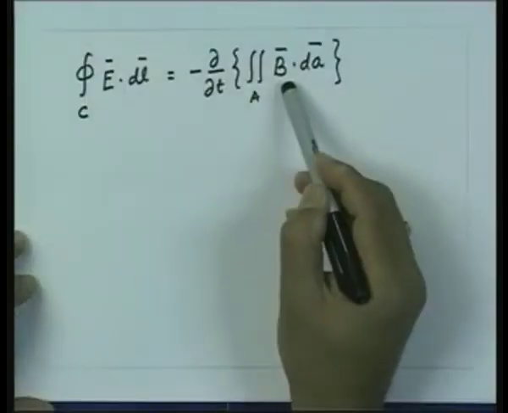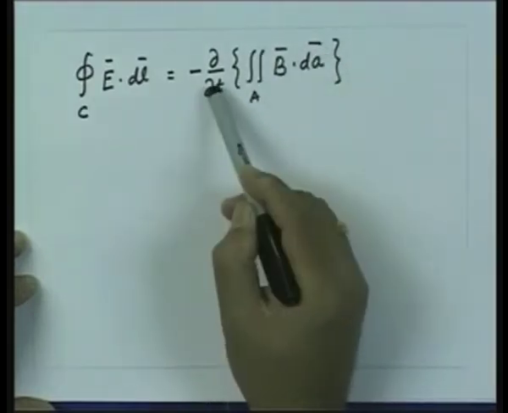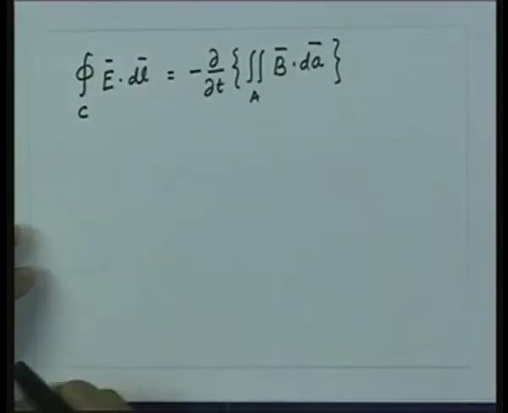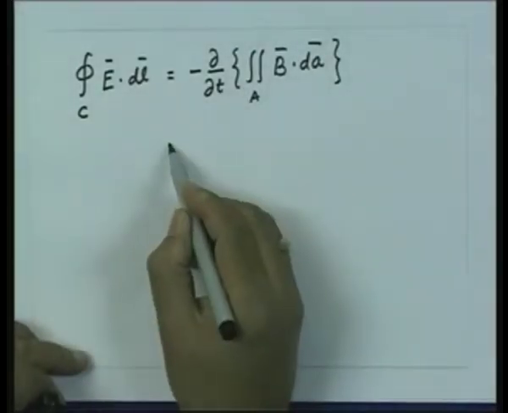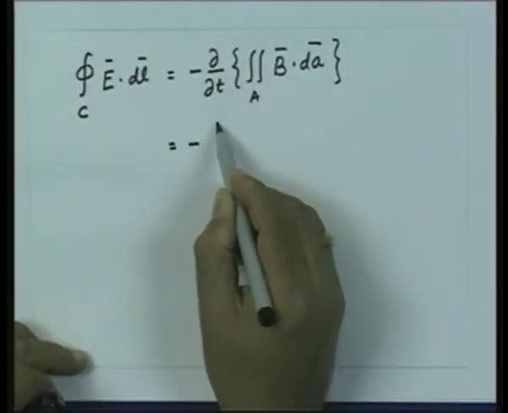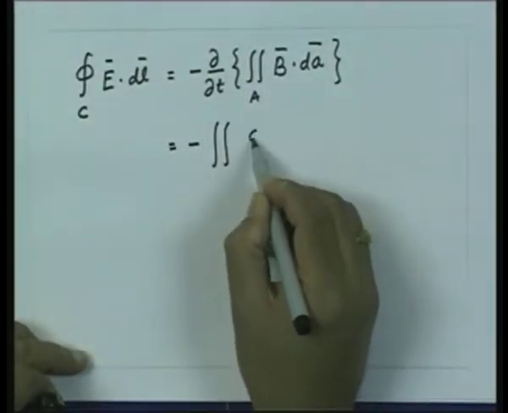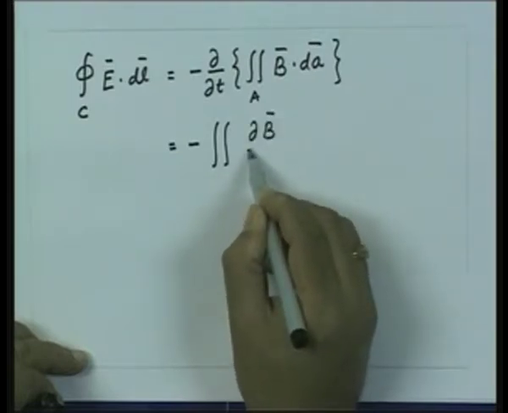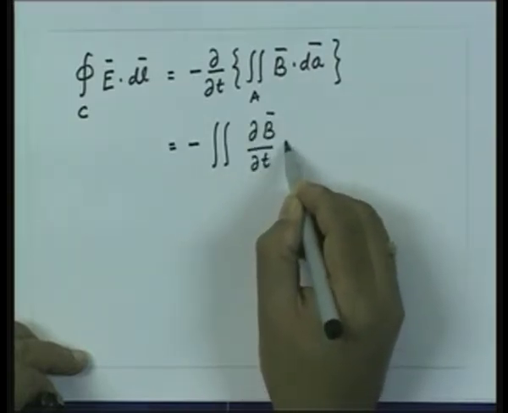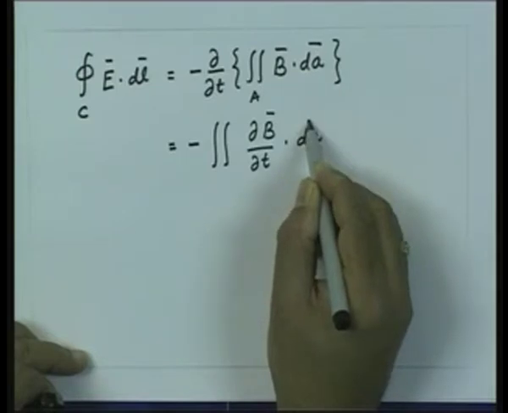So, having said that we are interested in the time varying fields and not the time varying space, we essentially can bring this derivative inside, because now the area is no more a function of time. So, I can write down in this case, this is minus integral dB by dt dot dA.